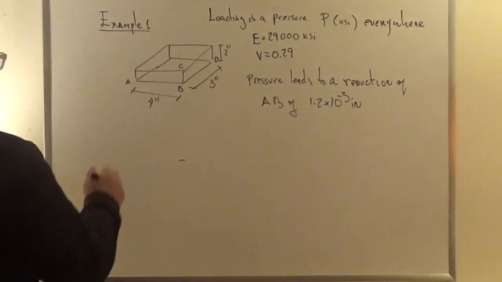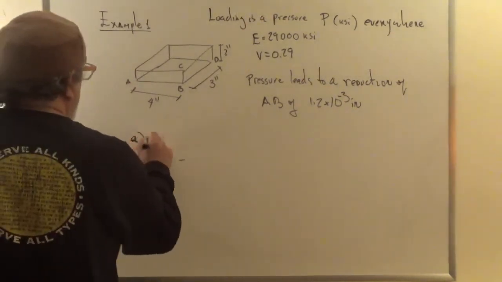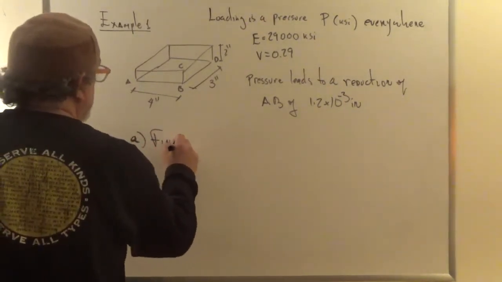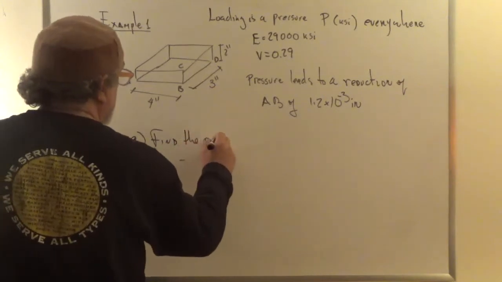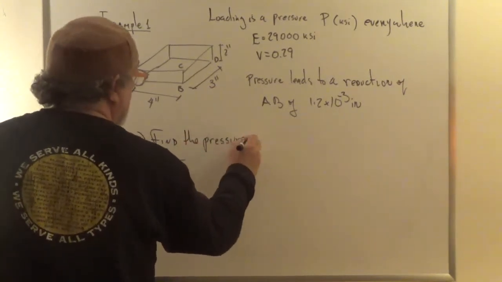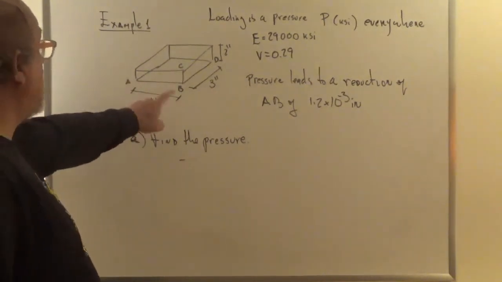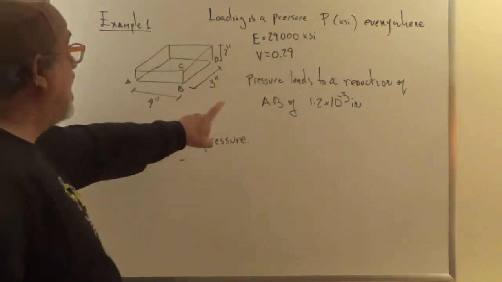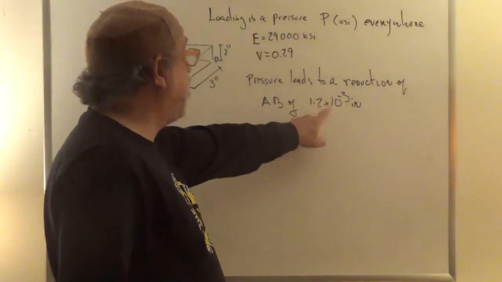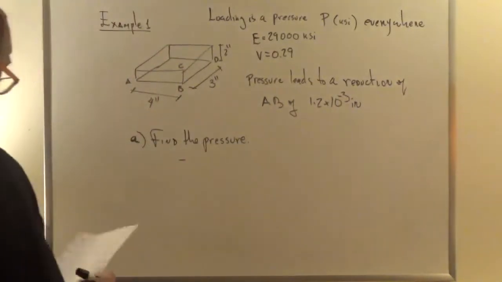Okay, so the first question is, find the pressure. It's been measured that the size AB, which used to be 4 inches, has shrunk by 1.2 times 10 to the minus 3. Find the pressure.